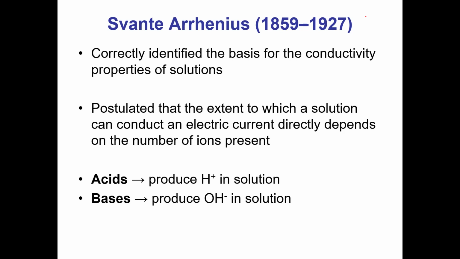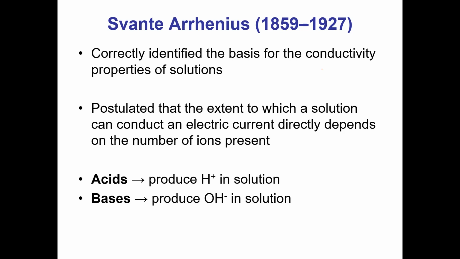It is named for Arrhenius because he identified the basis for conductivity in solutions, and he came up with the idea that the extent to which a solution can conduct an electric current depends on the number of ions present. We'll talk more about conductivity in another video, but he's also known for his definition of acids and bases.